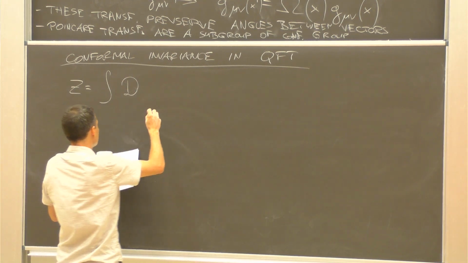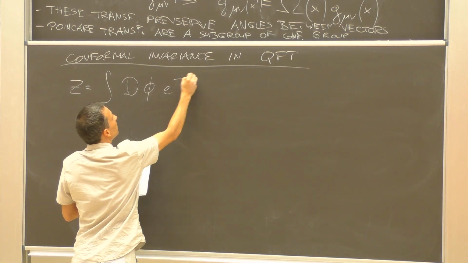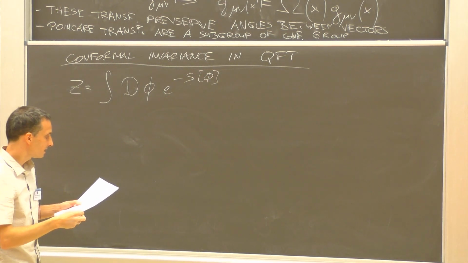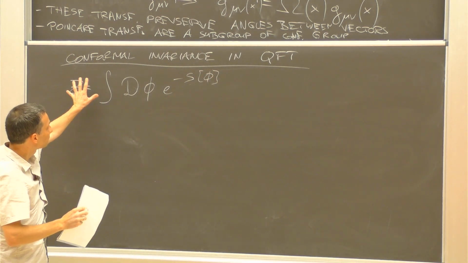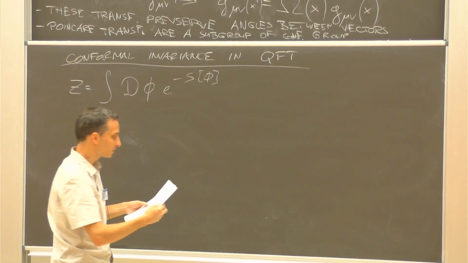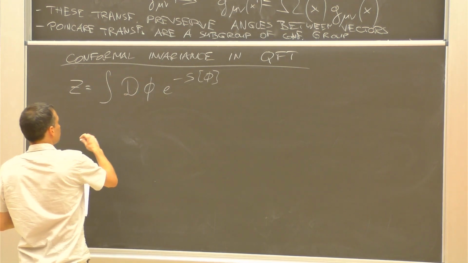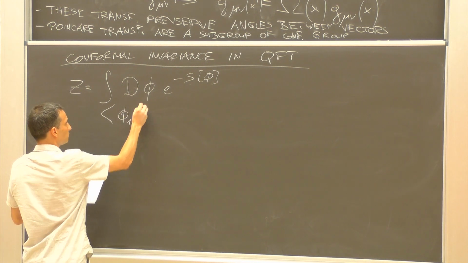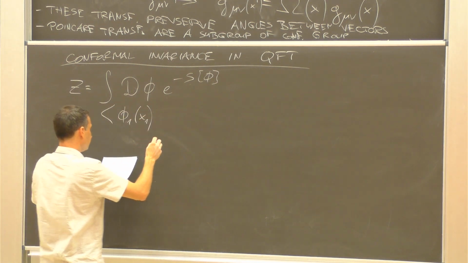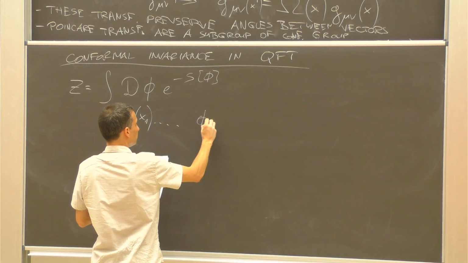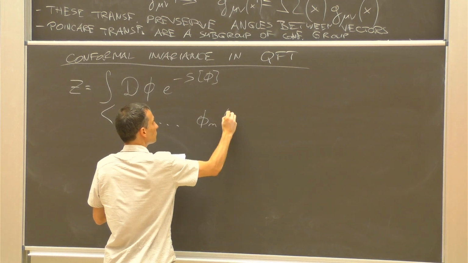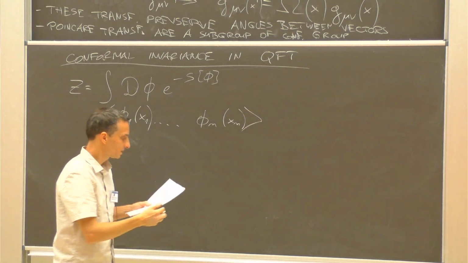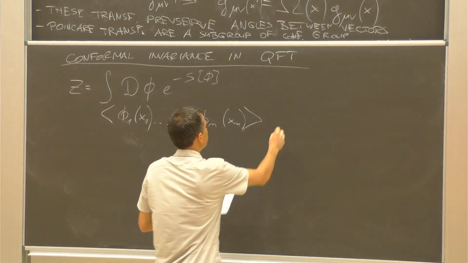So we have some set of fields and some action or action functional, and there is something called the partition function, which in principle should be obtained from such a path integral. And also what we will be most of all interested in are correlation functions, which I will think of in the following way. We may have a number of fields depending on these coordinates.